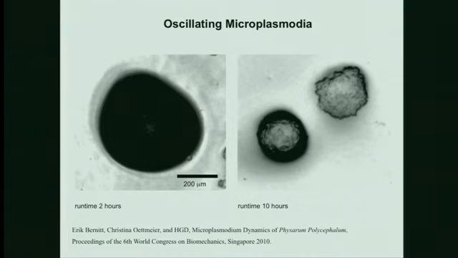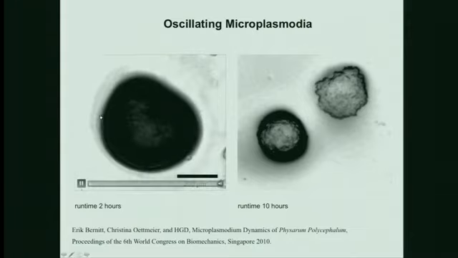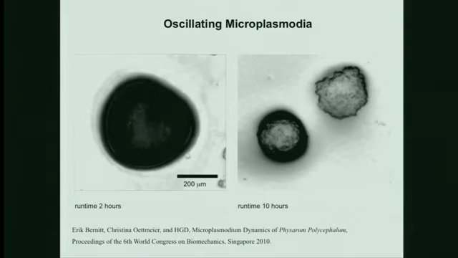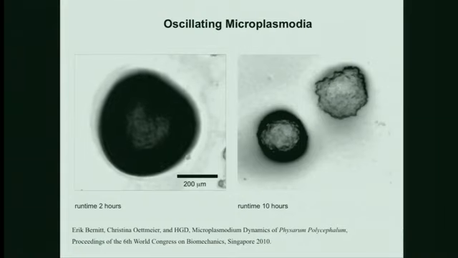Now this is under a microscope. They show oscillations, active oscillations. This is a contraction of that actomyosin system, and you see that there are two periods.